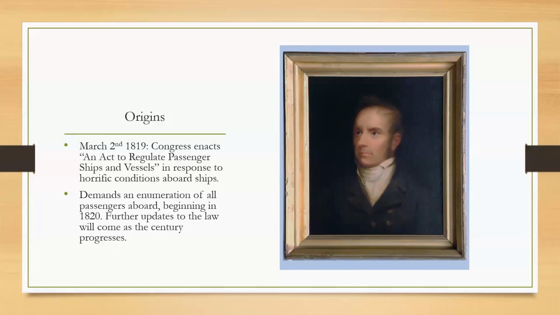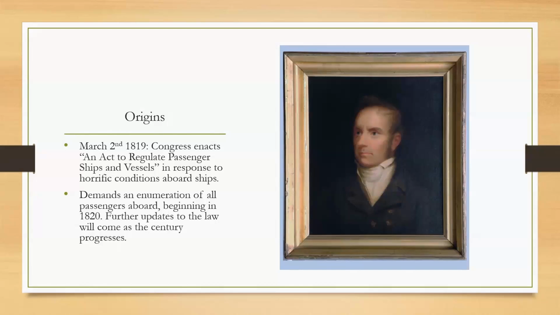I think it's important to remember that these initial federal customs passenger lists are generated not out of a desire to keep track of immigrants in any way, shape, or form. This is strictly a humanitarian proposal. The primary function of this law was to ensure that for every 2 tons of weight a ship had, it could only have 1 passenger.